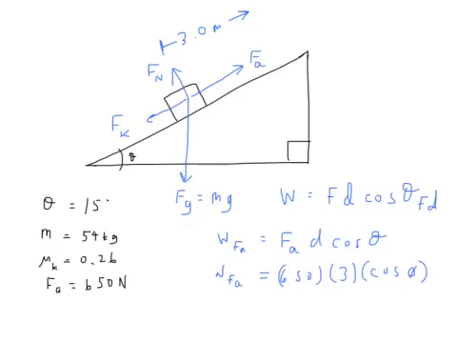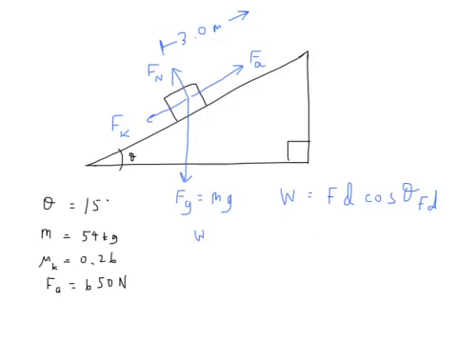The next thing we're going to do is find the work done by a different force. Let's do kinetic friction. So the work done by the kinetic friction is equal to that force, Fk, times d, times the cosine of the angle between the kinetic friction force and d. What we plug in for kinetic friction, we have an equation from last unit, which was mu times mg cosine theta.